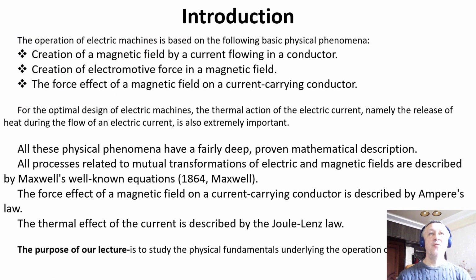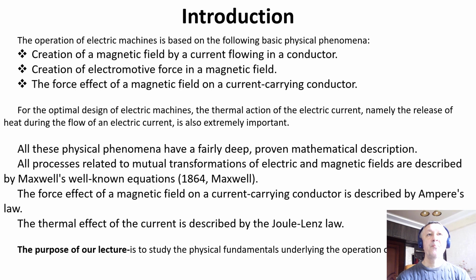The operation of electric machines is based on the following basic physical phenomena. First, creation of a magnetic field by a current flowing in a conductor. Second, creation of electromotive force in a magnetic field.